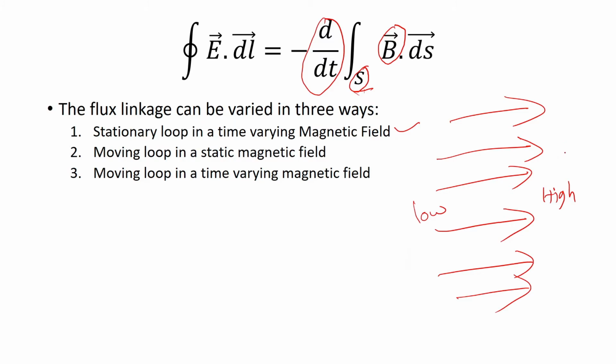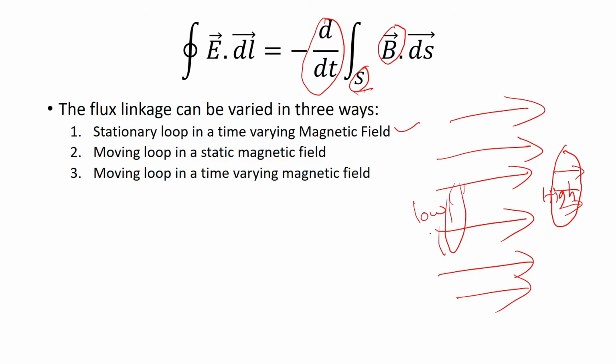If my loop is here, where the magnetic flux density is high, then the magnetic flux linked would be high, whereas if my loop is now here, where the magnetic field intensity is low, the flux linked will also be low, therefore a variation in flux linkage.